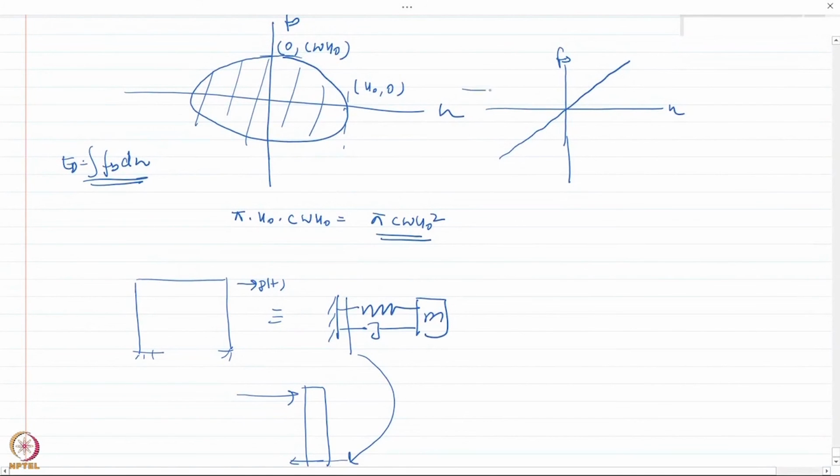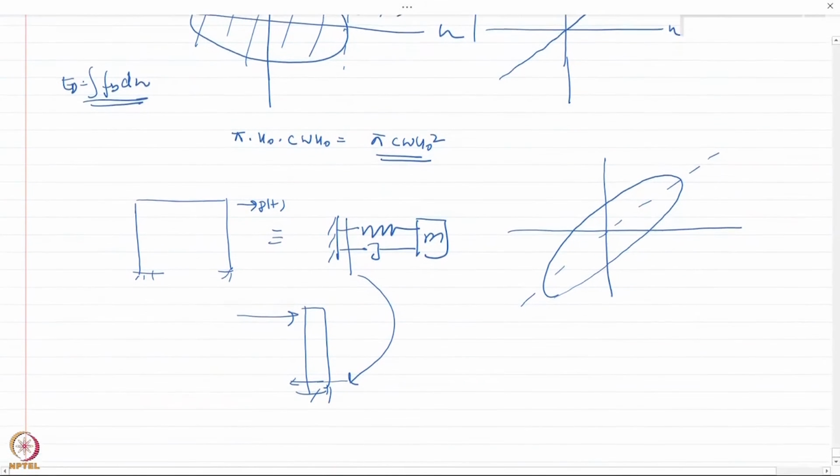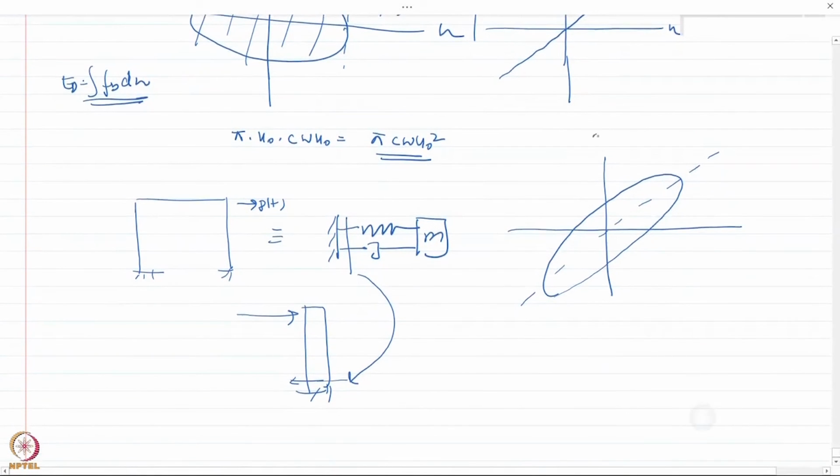So basically the sum of these two forces would look like this ellipse rotated by this straight line, something like this. How smooth the curve looks depends on the actual behavior of the structure. So this is the total force in that structural element versus U.